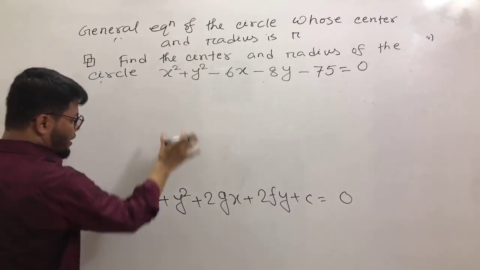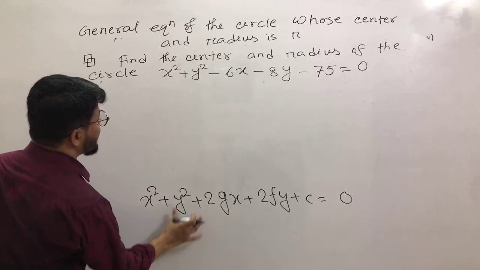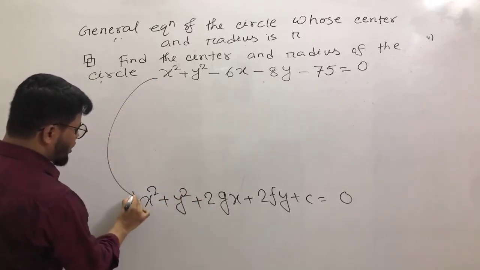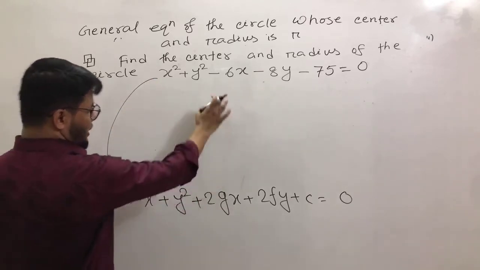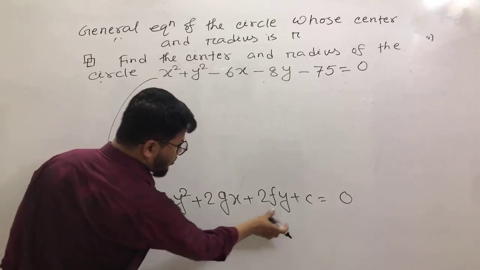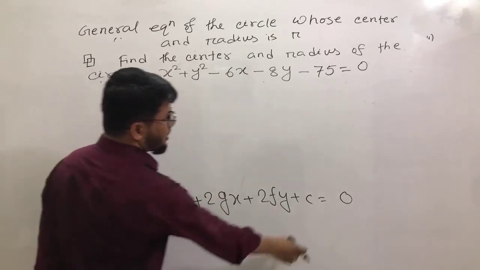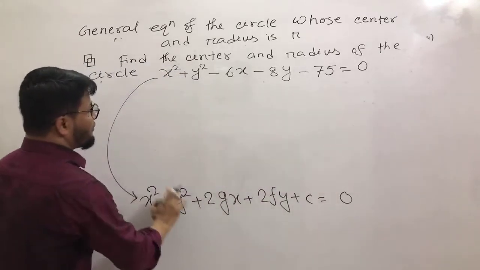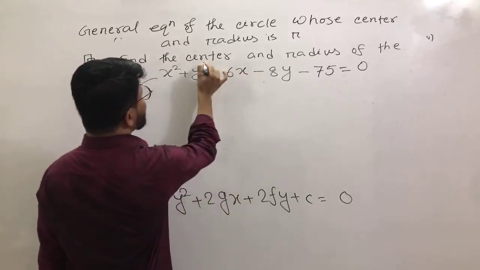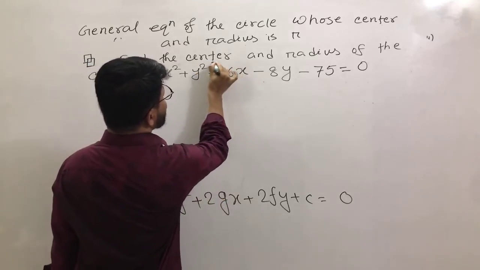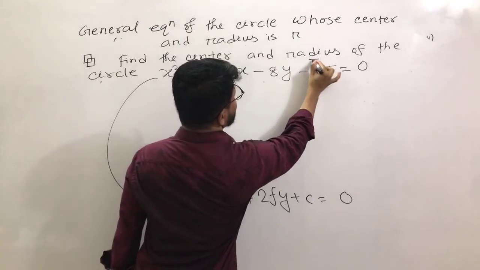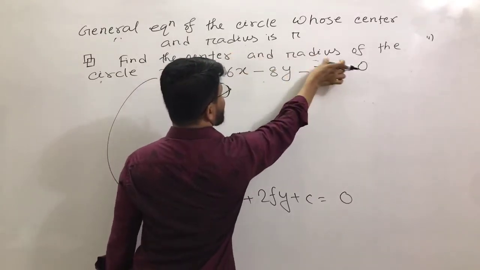First step, compare this equation with this one and convert it like this. Then identify the value of g, the value of f, and the value of c. By finding these values, you can identify the center and radius. Please let me know.